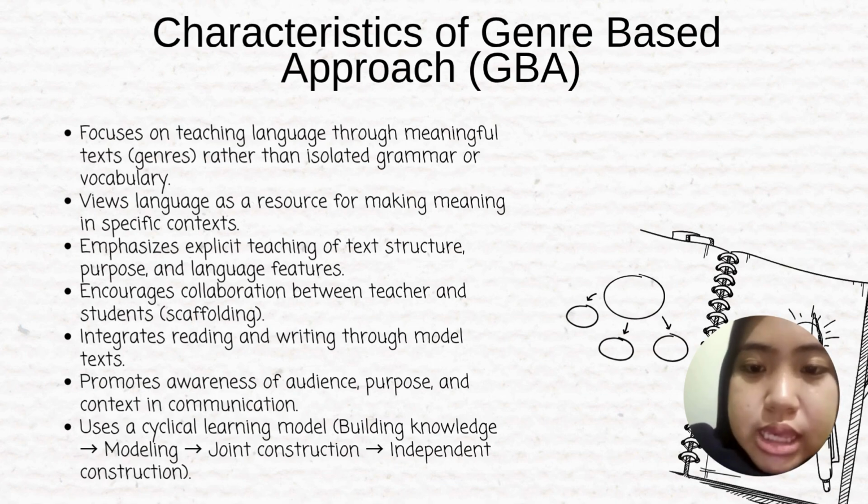The fourth is that it encourages collaboration between teacher and students, or scaffolding. Next, it integrates reading and writing through model text, then promotes awareness of audience, purpose, and context in communication. And the last is that it uses a cyclical learning model: building knowledge, modeling, joint construction, and independent construction.